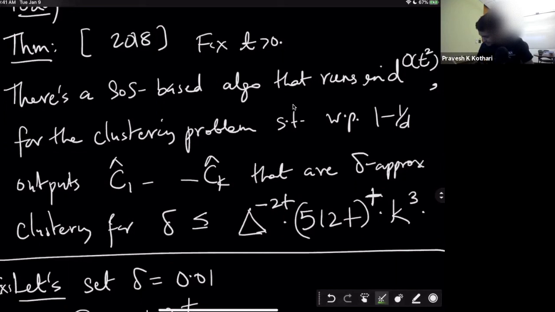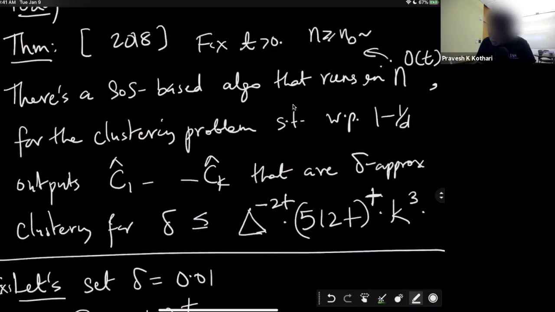So let's be more careful to answer Mithali's question. The running time is n to the O of t. But this algorithm will work only when n is bigger than some n naught, which grows as d to the t. And so together it gives you a running time of d to the O of t squared.